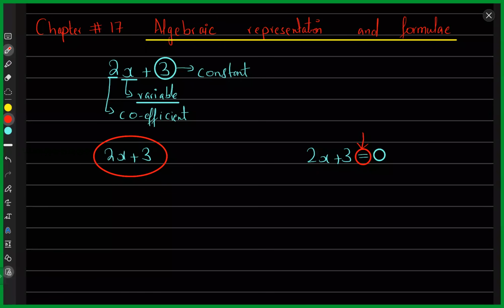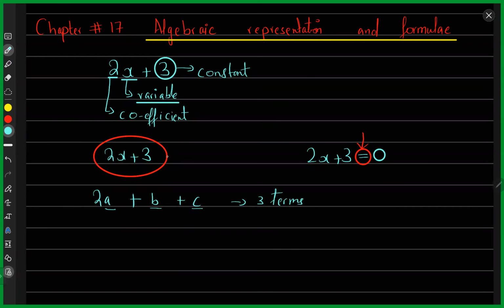That is it. Okay. Then another thing is that let's say I have 2a plus b plus c. In this expression, I have three different variables. And in total, how many terms do I have? I have one, two, three. I have three terms.